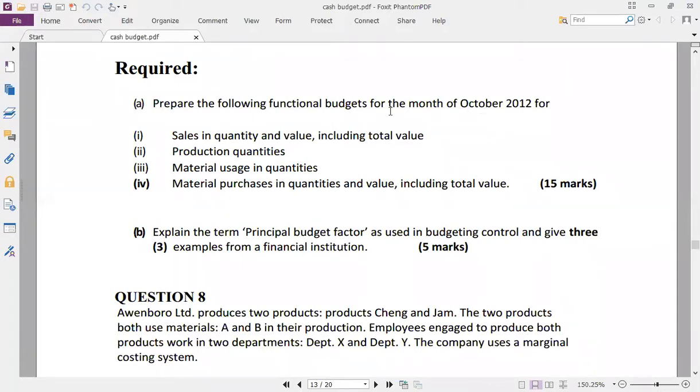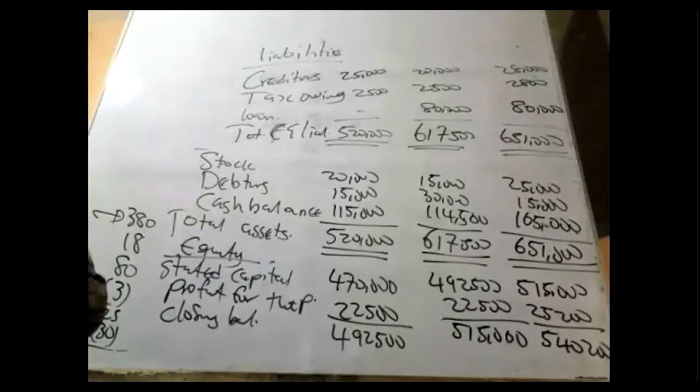Sales in quantity and value, production quantities, materials usage, and material purchases in quantity. Explain the principal budget factor as used in budgetary control and give 3 examples. What is the principal budget factor? If you go through the previous lecture on the functional budget, we explained that the principal budget factor is just the same as a constraint or limiting factor.